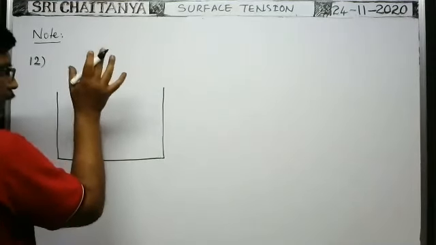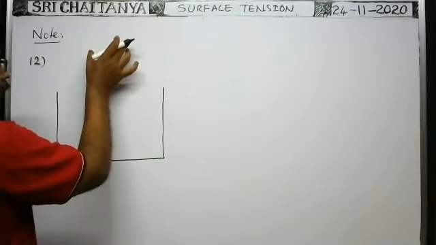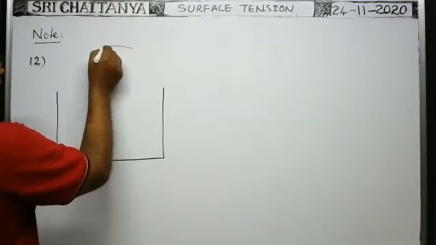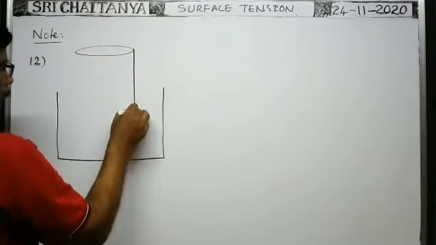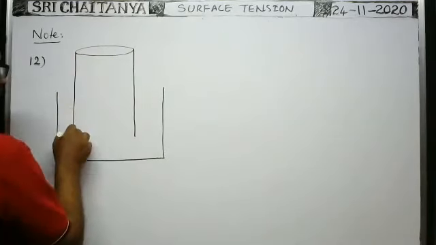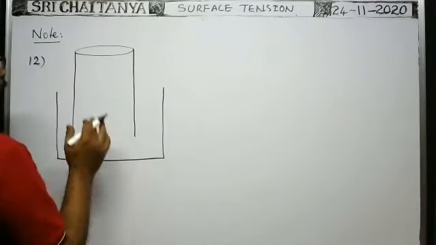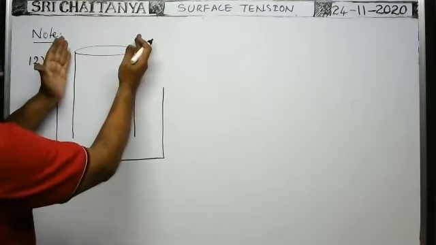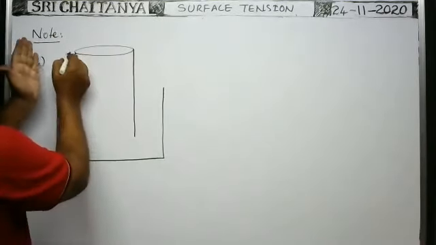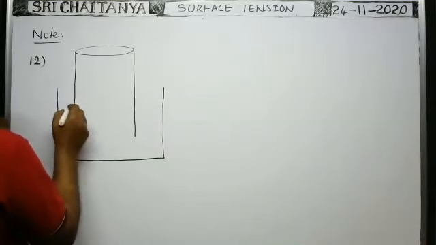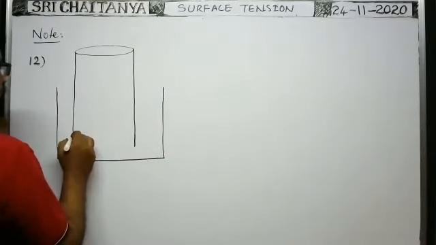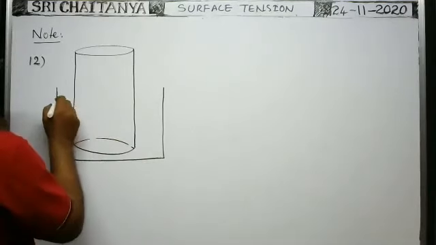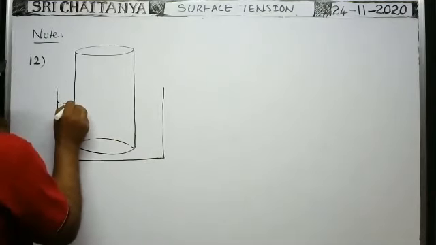In order to see the diagram here, I drew the capillary tube with more diameter or more radius. But actually, a capillary tube is not this much size. In order to understand the situation here, I drew it with more radius. This is the diameter of the capillary tube. Walls are not drawn. Here, the beaker is filled with liquid up to a certain height.